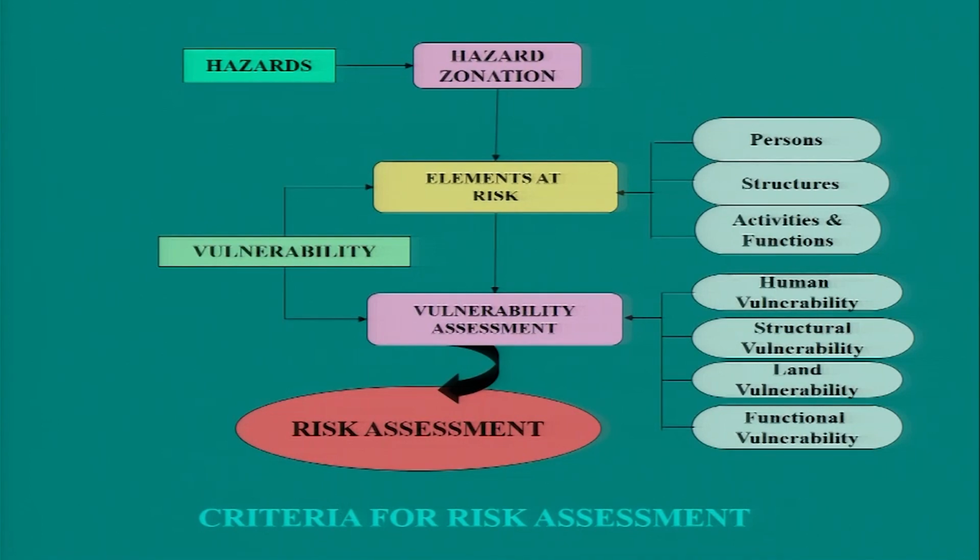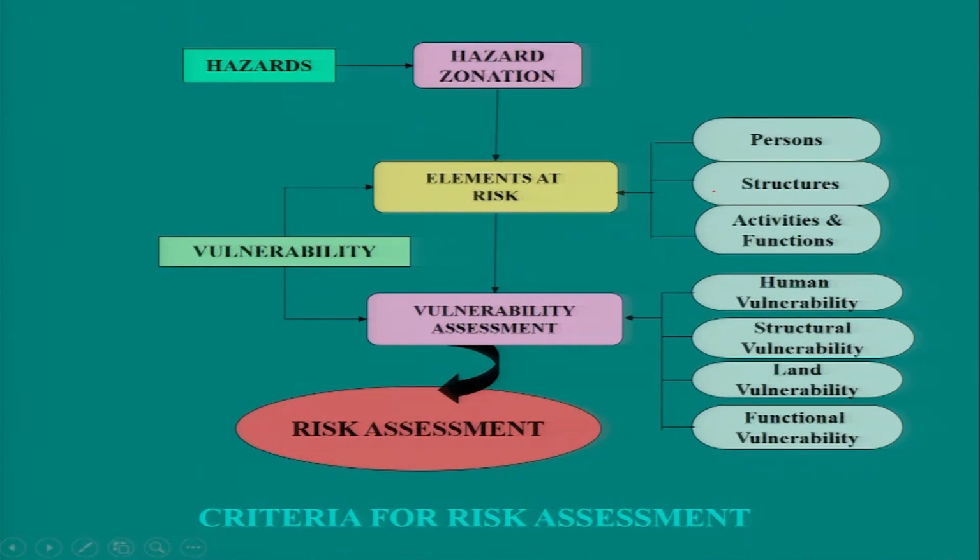So finally, the risk assessment includes what type of hazards we are looking at, the zonation map, okay, and then we take into consideration what activities and people will be affected. Okay, so the number of persons, structures, activities and functions, and this information we take as an element at risk.